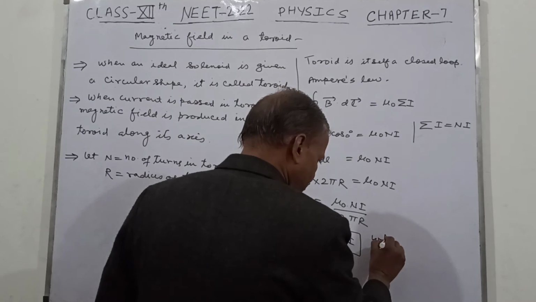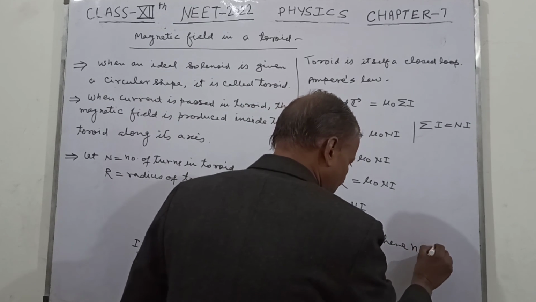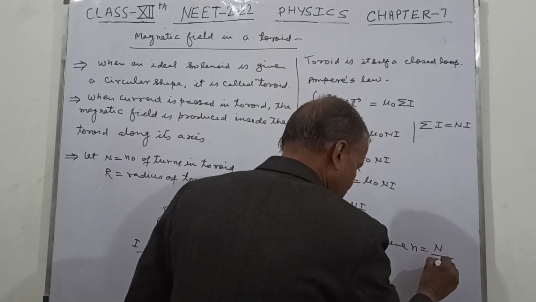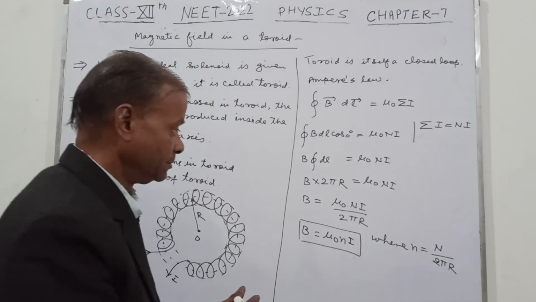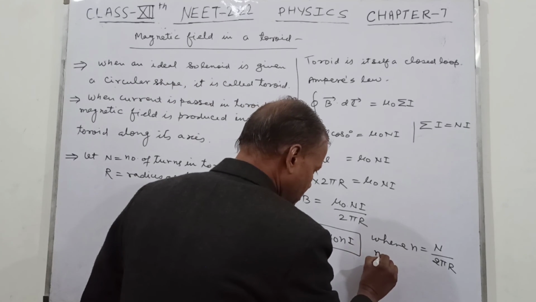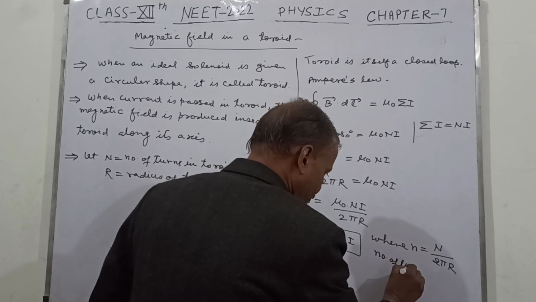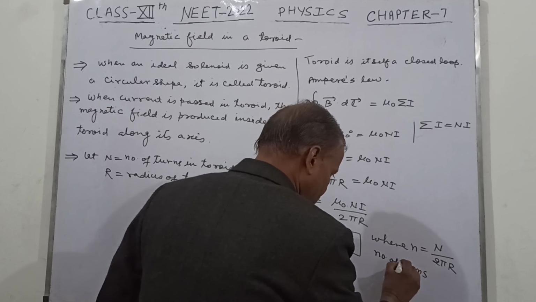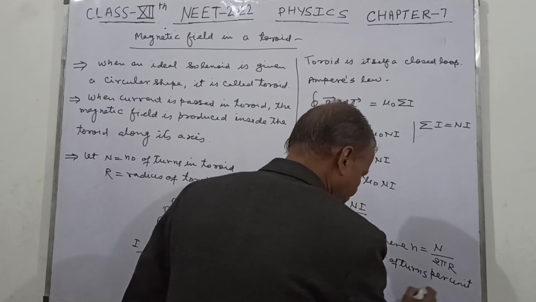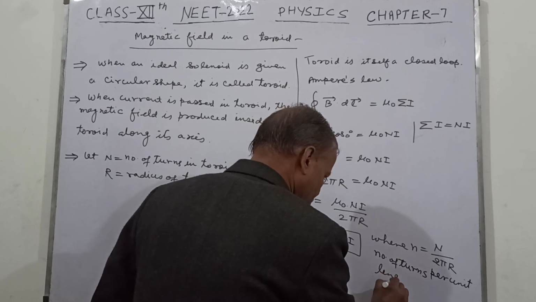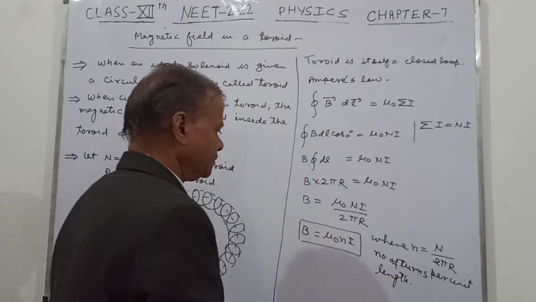Or we can write B equal to mu naught n i, where n equals N upon 2 pi r, the number of turns per unit length.